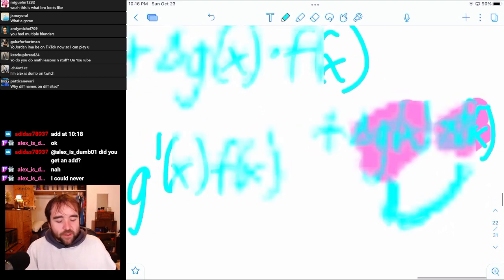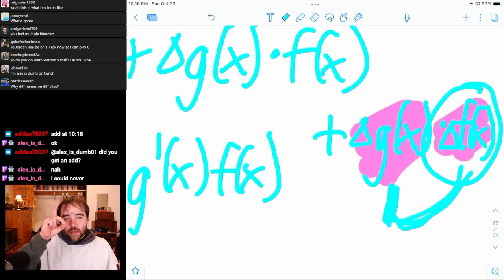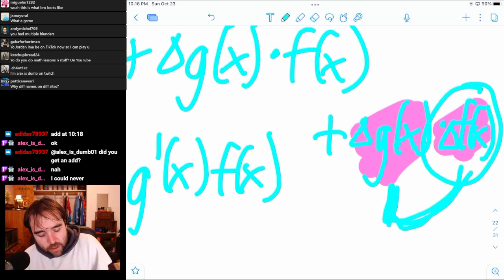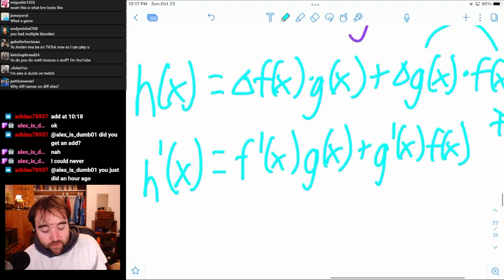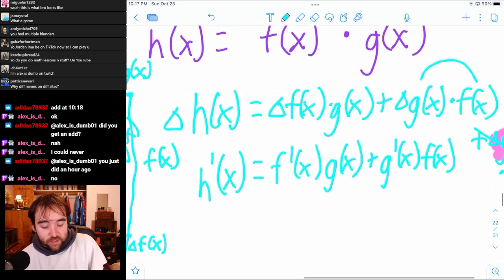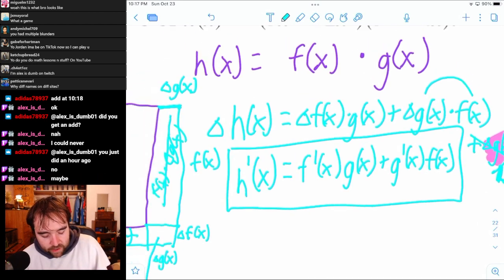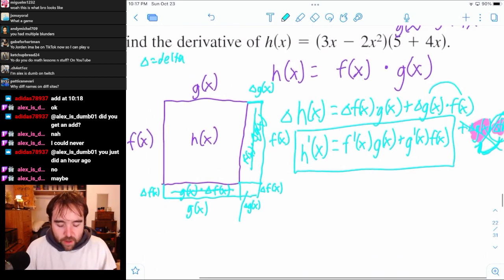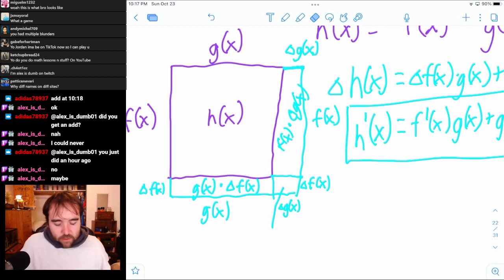What we actually find is that this one, since it has a whole other infinitely small, is so small it doesn't matter. So this part doesn't actually get included when we talk about the derivatives. We just have it right there. And if you know the product rule, you'll recognize that that is the product rule right there. You can just look at it by adding together the two areas of those rectangles. That's visually where the product rule comes from.